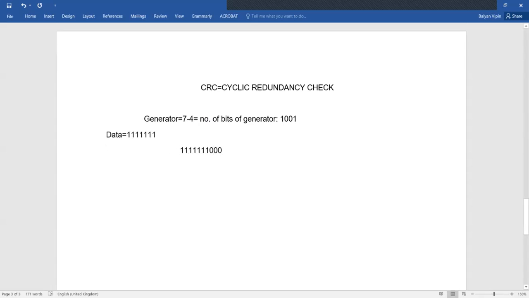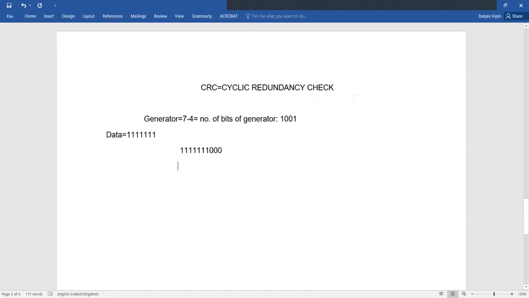Now, there are 2 ways of saying it. Basically, you divide this number by this number, or you do an XOR operation of these bits with the generator polynomial or generator bits.